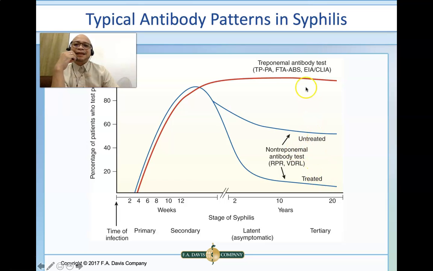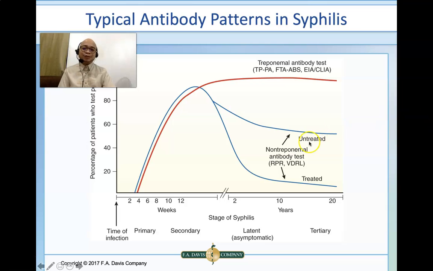Treponemal antibody tests persist and can be detected for a much longer period of time as compared to the non-treponemal test. Explanation? In the non-treponemal test, these are antibodies against reagin, and reagin reacts against cardiolipin, and cardiolipin will only appear if you have an active lesion, because cardiolipin is a lipid that is released whenever the cells are being destroyed due to active infection.